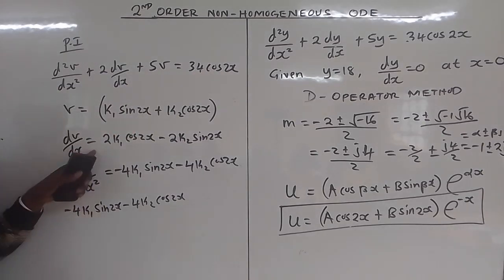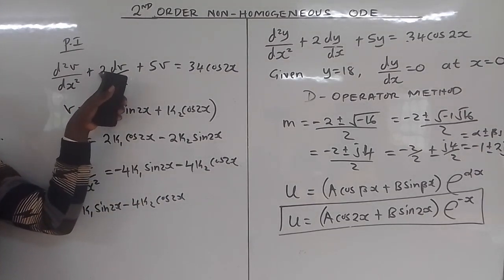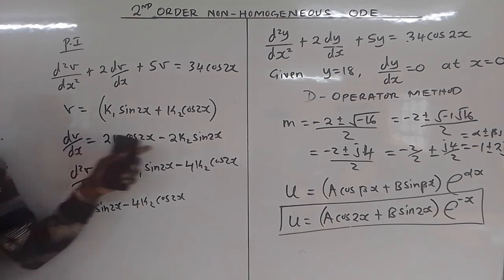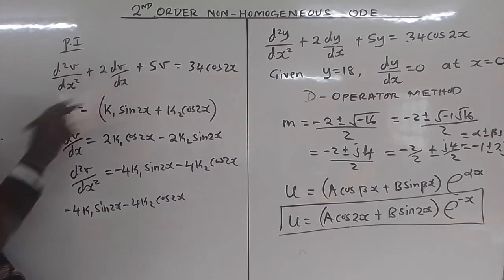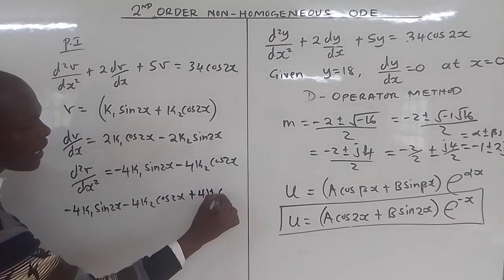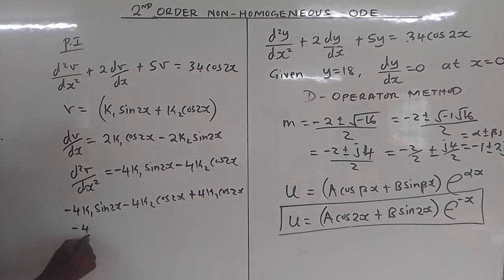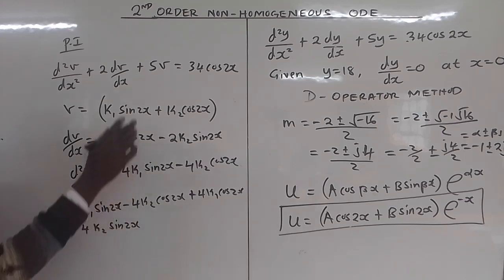You multiply all of it by positive 2, isn't it? So positive 2 times 2, it is plus 4k1 cos 2x. Positive 2 times negative 2, it is minus 4k2 sine 2x. Are we together? Then you are done with that.